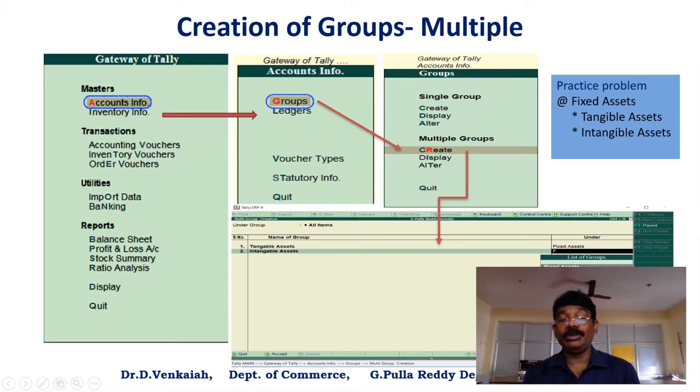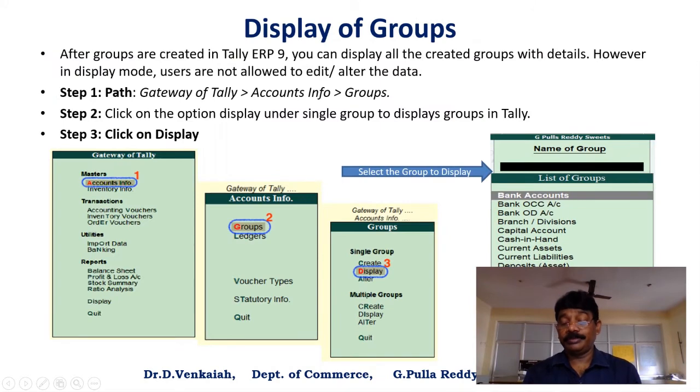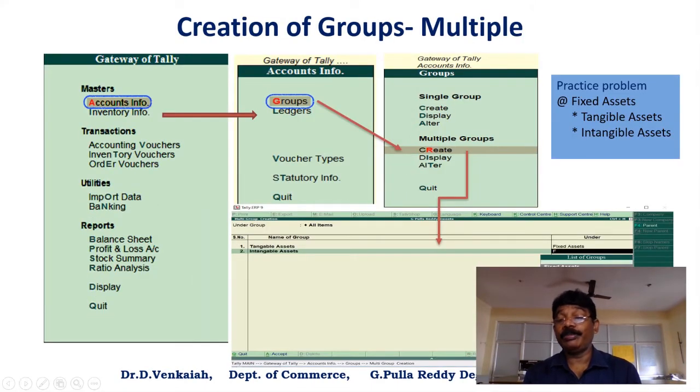Then automatically we will get this window, multiple group. Try to understand this one, okay? Under which group are we going to create? Select. Suppose I want to create bank accounts.